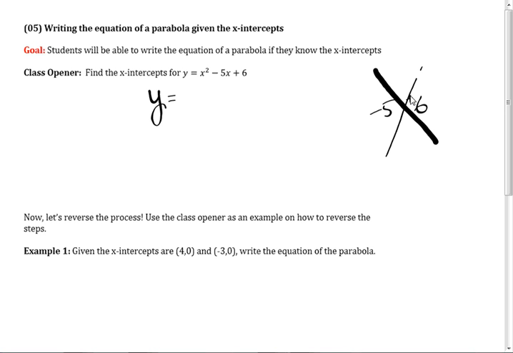Now I want a negative 5. Negative. So y equals x minus 3 times x minus 2. That's the factored form. Now I want to find the x-intercepts.